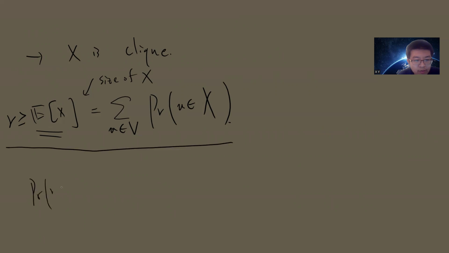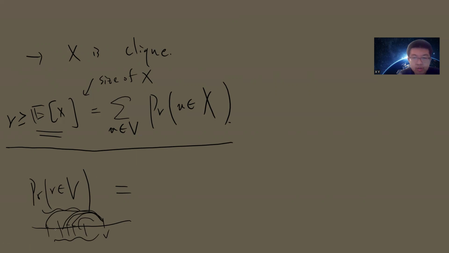And the probability that v belongs to X is the following: v needs to be connected to all its earlier vertices, so all the earlier vertices must be v's neighbors.